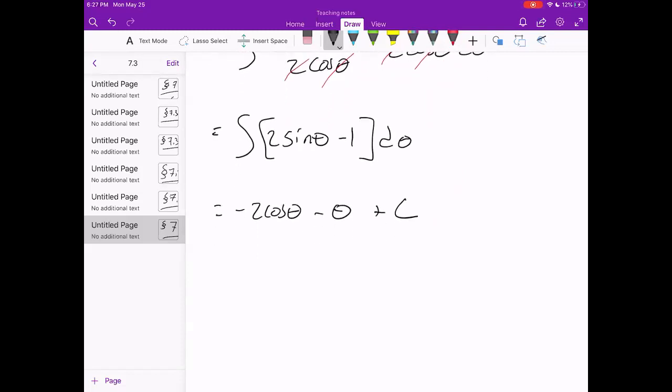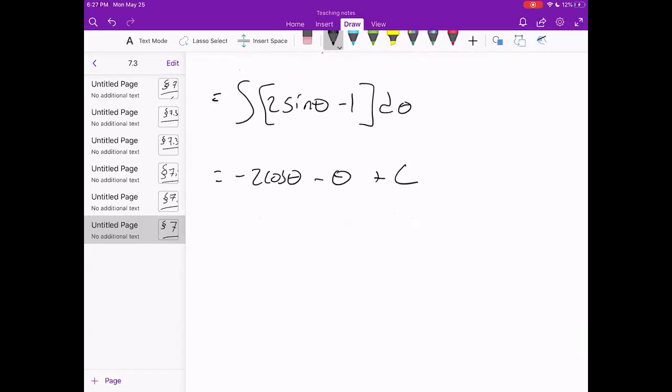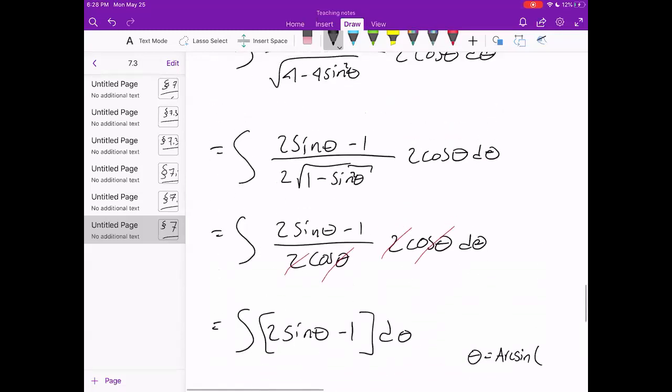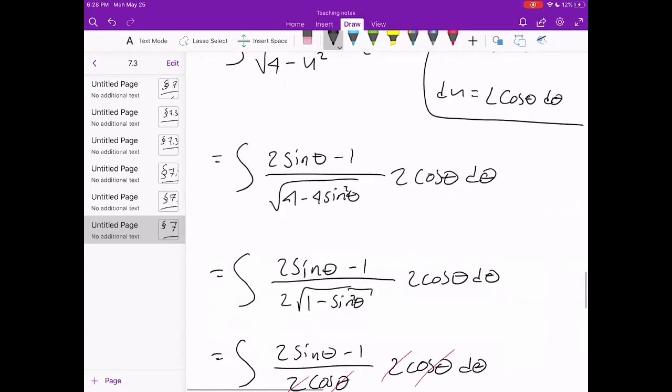And now we have to go back to your triangle there. So I'm going to leave that to you. Drawing the triangle, because this one's going on a little long, but I'll give you what you're supposed to get there. So when you draw the triangle, theta is the arc sine of u over 2.